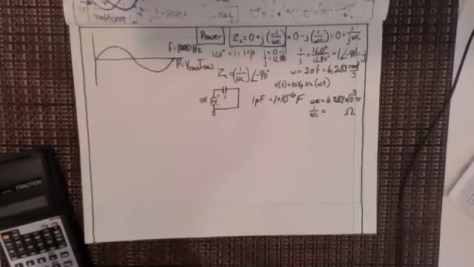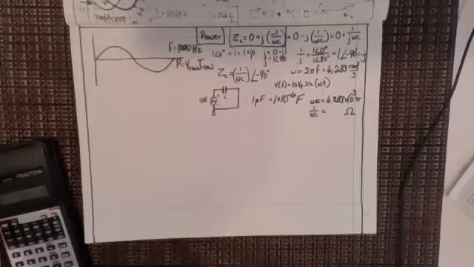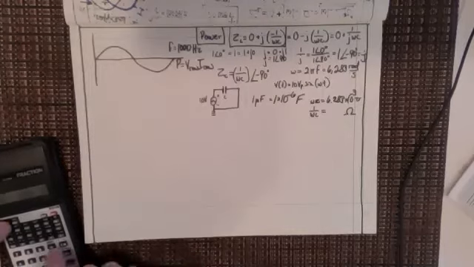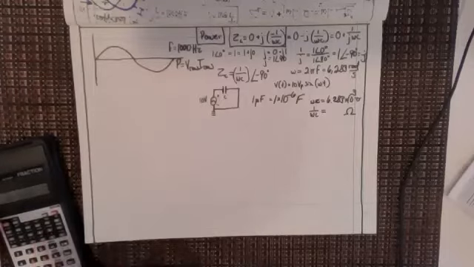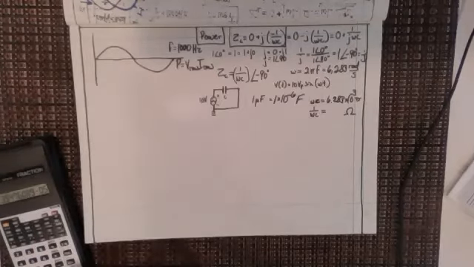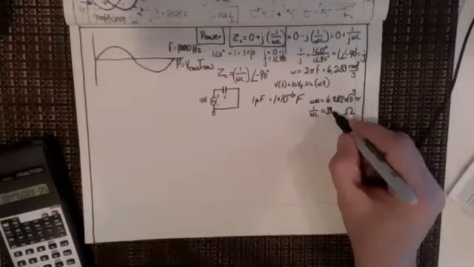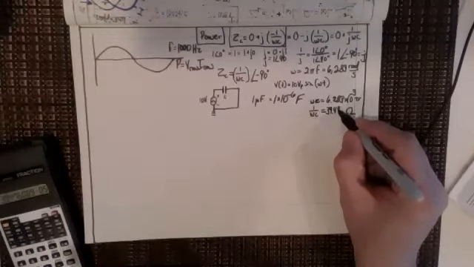So what is 1 over 6.283 times 10 to the minus 3? And that is 39.48.